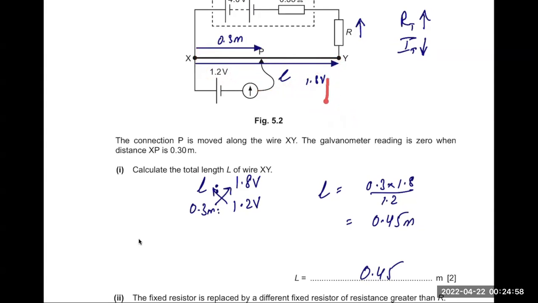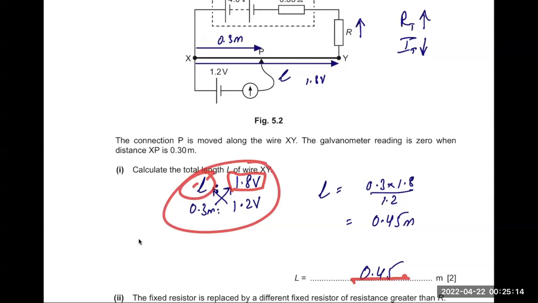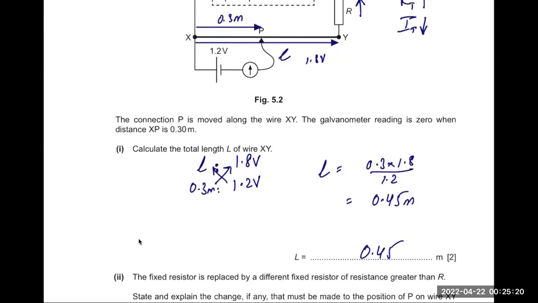So even if it does not drop to 1.2, if it drops to 1.6 volts, we'll still have to move it to the right. You can use the ratio again, use this as some smaller value, 1.6 volts, take the total length as it is 0.45, and then find out what length you need. You need a length greater than 0.3 meters.